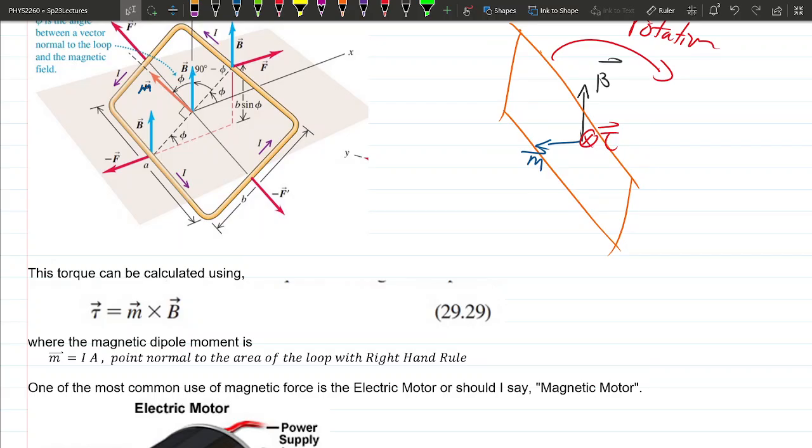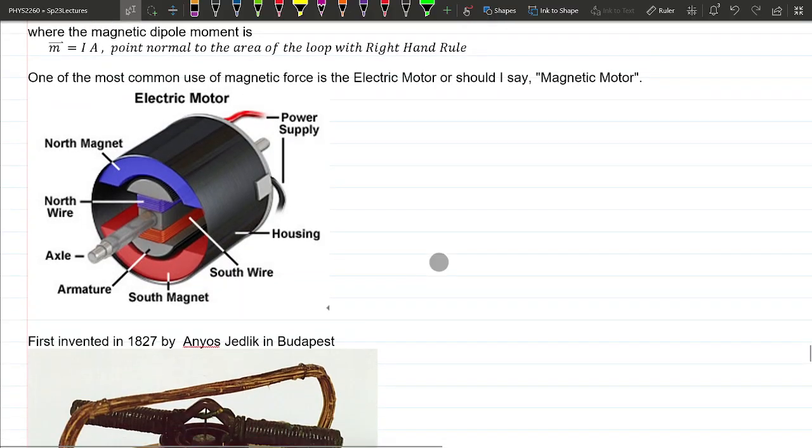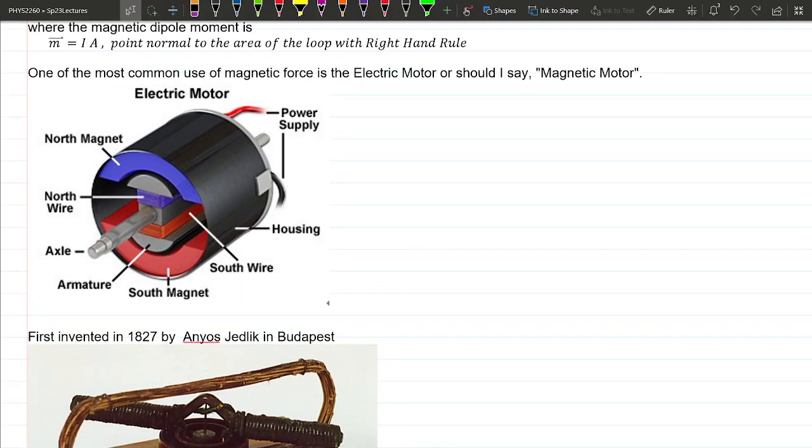How do you create current these days in your phone and your laptops? Well, energy in the form of what? Electric energy in like batteries, right? If you have a battery, then you can actually create this current. So this is how an electric motor works. An electric motor is usually like a little cylinder, and you hook up the power supply to the end of the motor.